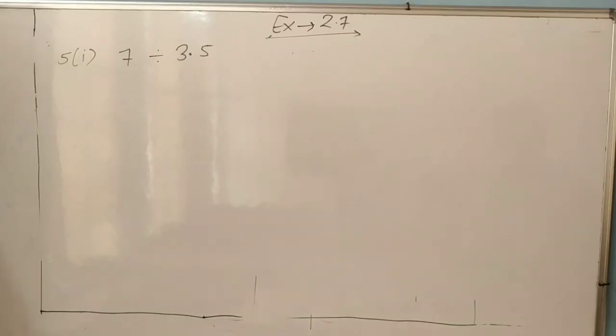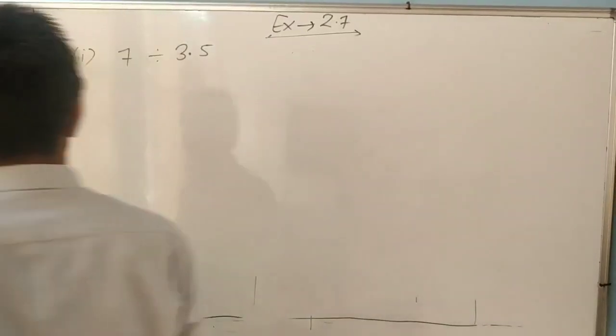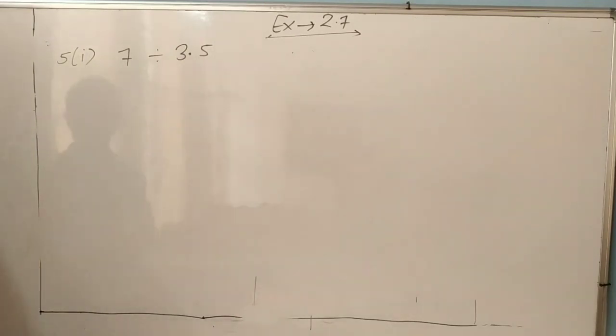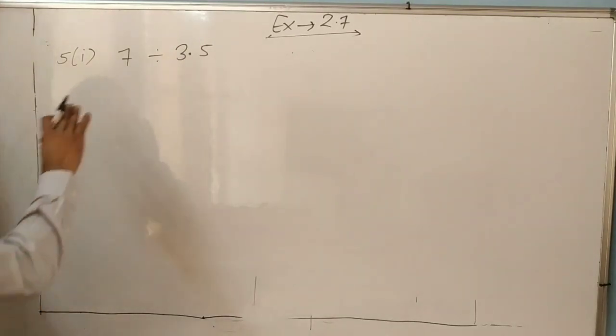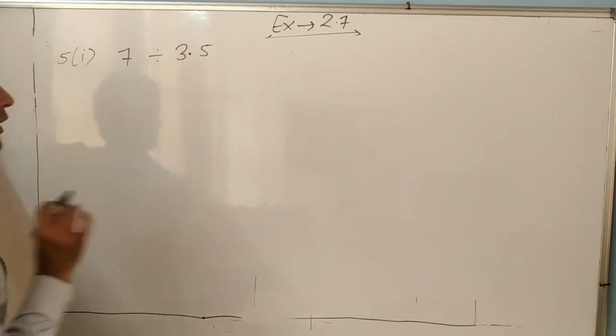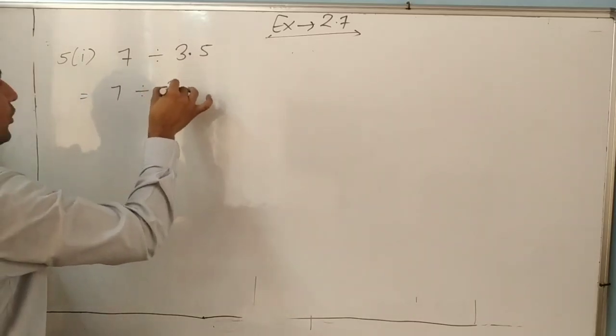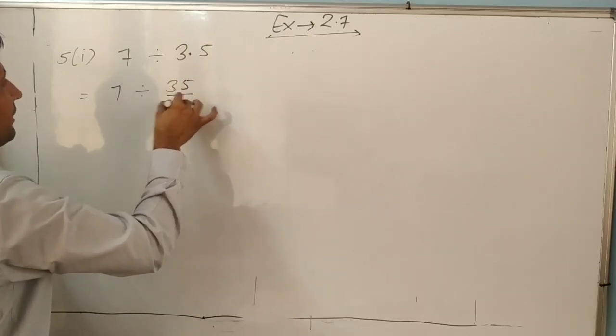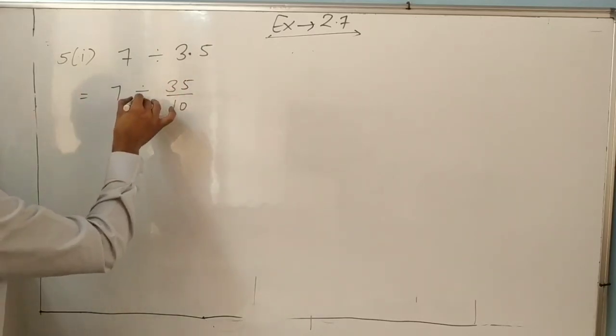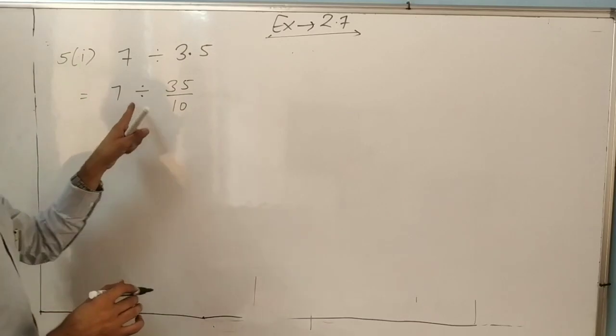Now, dear, the fifth question of the first part. 7 divide by 3.5. So what will we write? 7 divide by 3.5, always remove the decimal: 35 by 10. So we change divide into multiplication.